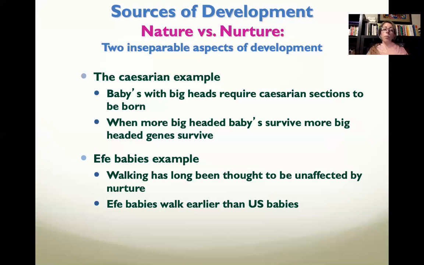And again, we don't have conclusive scientific studies that tell us this is the cause, but it seems to relate to this difference in who walks first. So while we had once thought that the timing of walking was completely nature, it turns out it's also nurture.